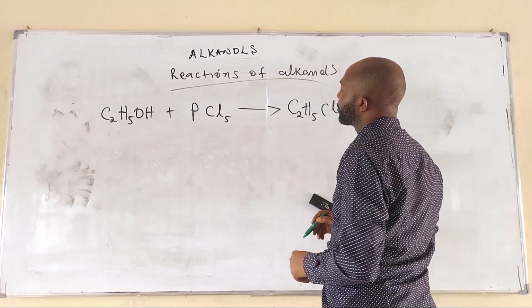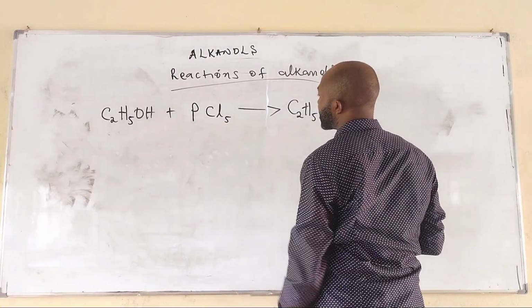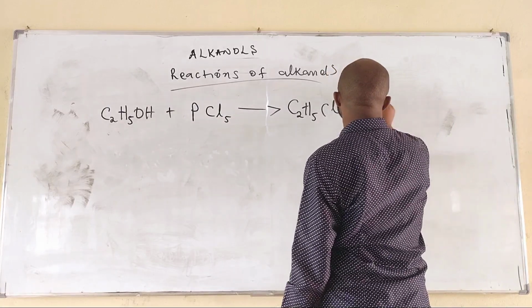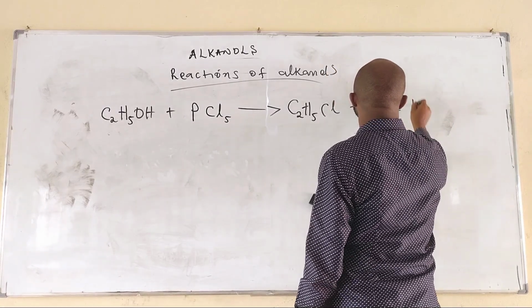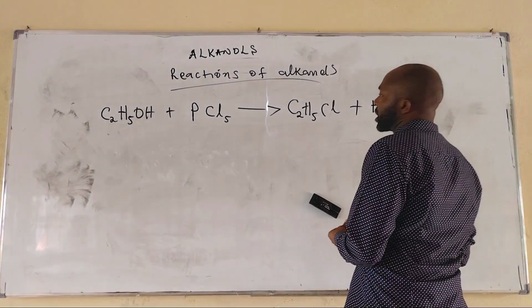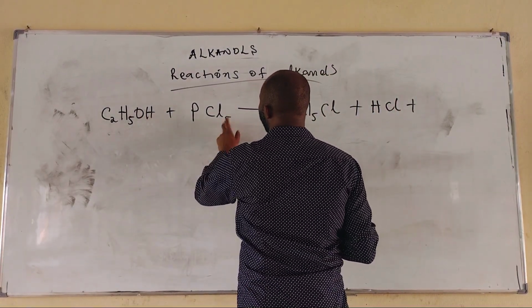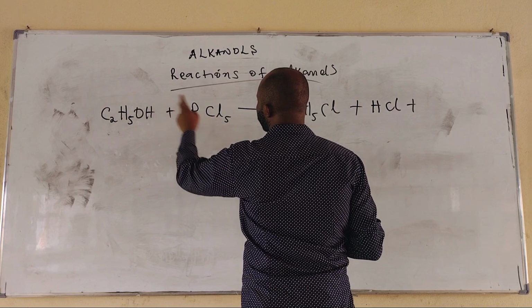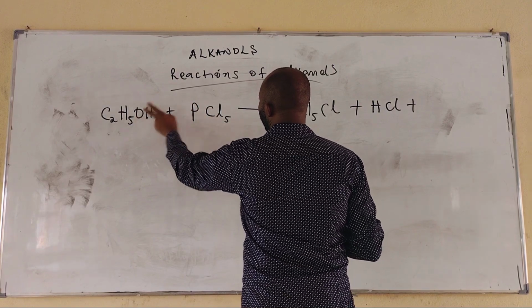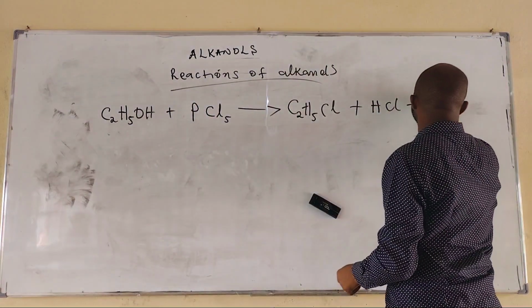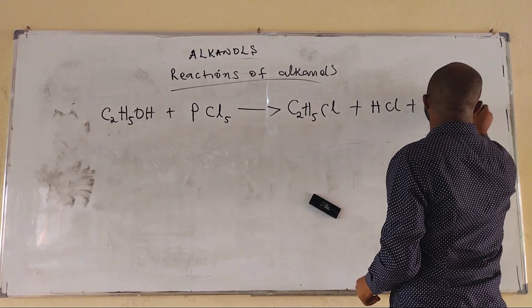What is left? We are left with 4 chlorines. So if I have HCl, hydrogen is out, oxygen is left, and we are left with POCl3.